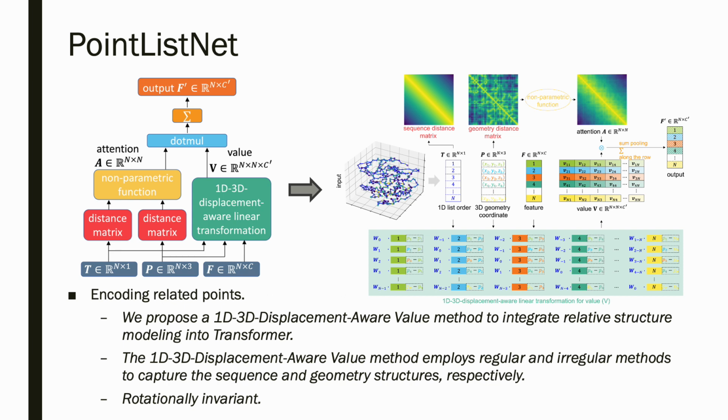When performing 1D, 3D displacement-aware linear transformations, we use different groups of parameters to reflect regular 1D order displacements, but directly encode 3D geometry displacements, for example P1 minus P2, and append the 3D displacements to the point features due to their irregularity. Moreover, when encoding the 3D geometry displacements, we integrate a rotationally invariant technique.